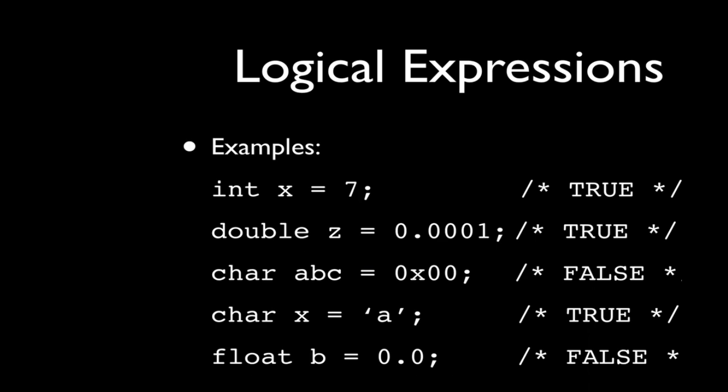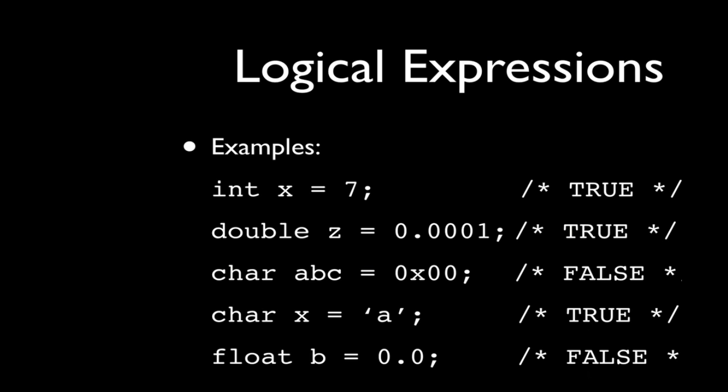So here are some examples. The variable int x holds a value 7, so if this were to appear where a logical expression is expected, it would be evaluated as true. In the second one, I have double z equals 0.0001.